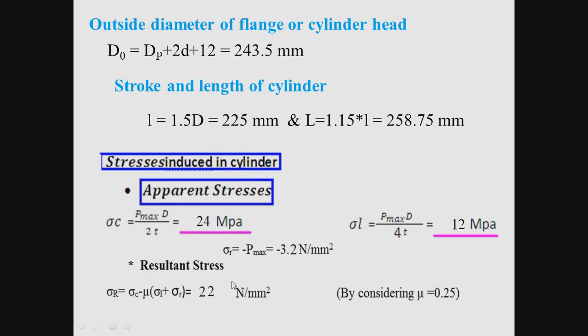Sigma R is minus 3.2. If you substitute all the values, the resultant stress is equal to 22 Newton per mm square, which is less than the allowable stress. The allowable stress for the cylinder is 40 Newton per mm square. The resultant stress is 22, so it is much safer.